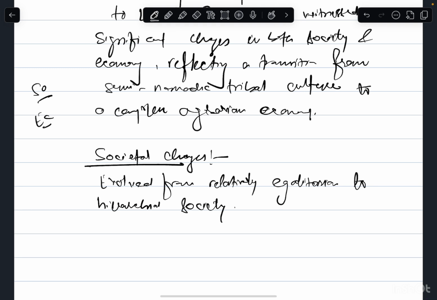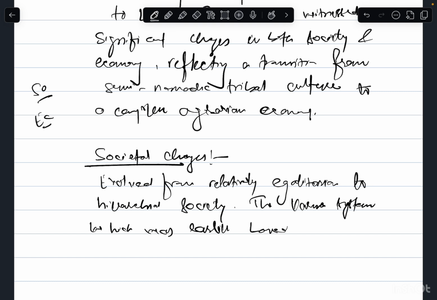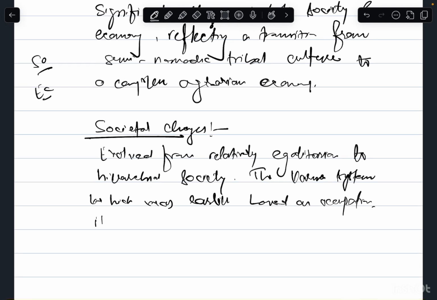Along with this, we can now come to the Varna system, which was earlier based on occupation. Now what did it become? Hereditary. It became rigid and hereditary in nature.